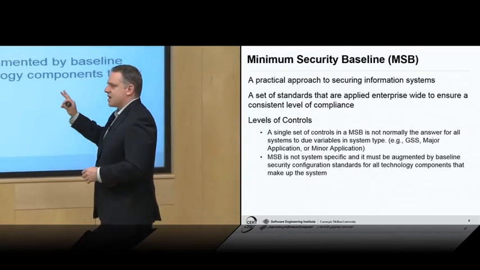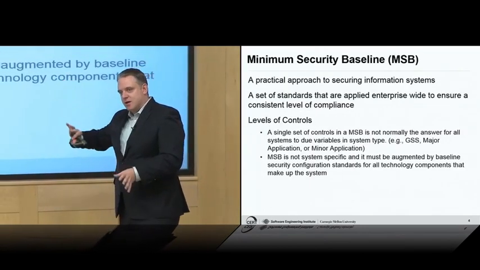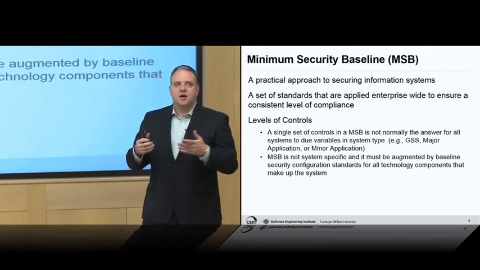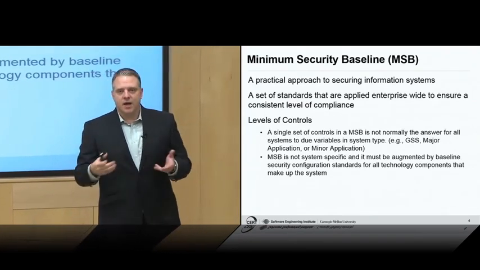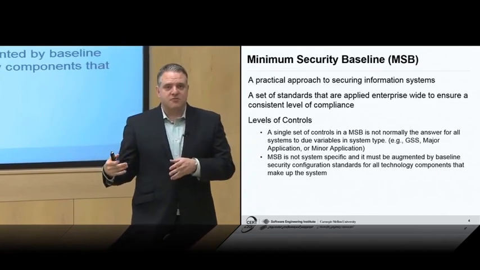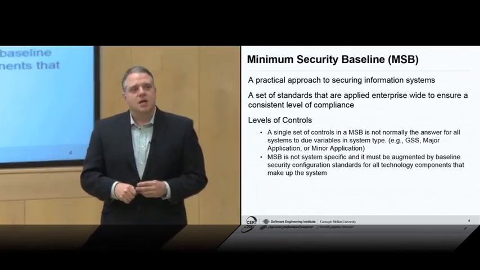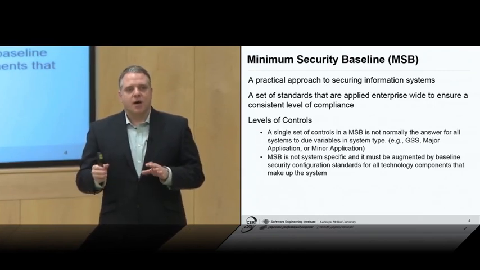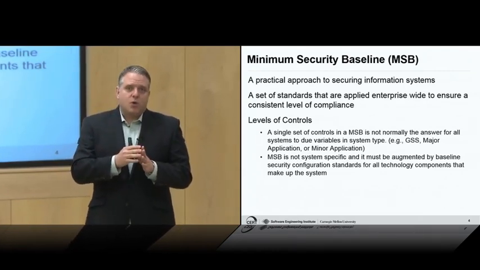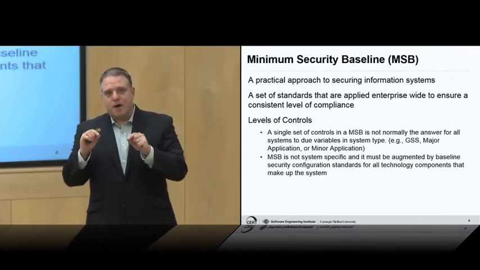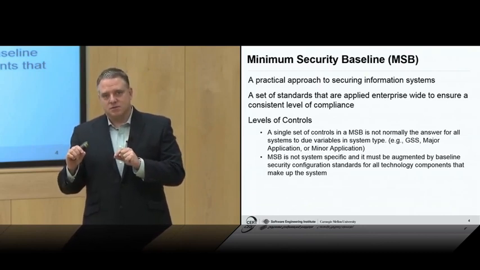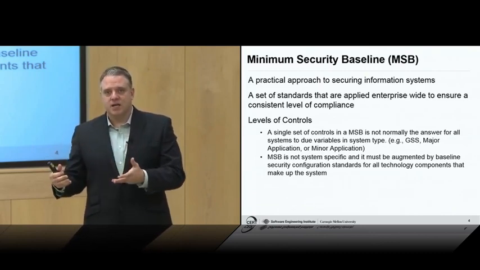One approach, this is kind of a broad-based approach, is define a minimum security baseline, or MSB. These are all defined in the NIST 800 Special Pub Series. But what you could do is say, all right, well, I don't want to go through the control by control level to figure out what I need to do.